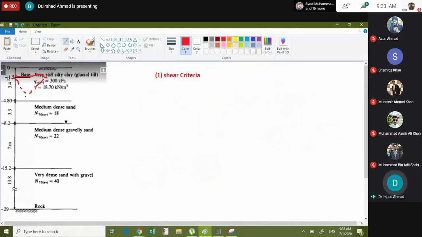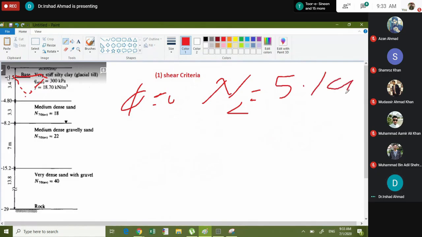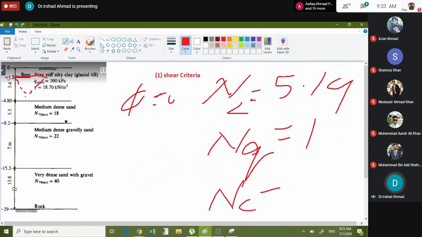So for phi equal to 0, Nc is equal to 5.14, Nq is equal to 1 and N gamma is equal to 0.